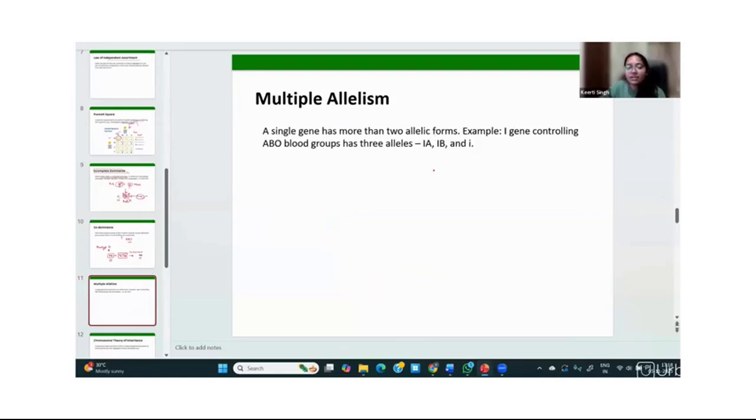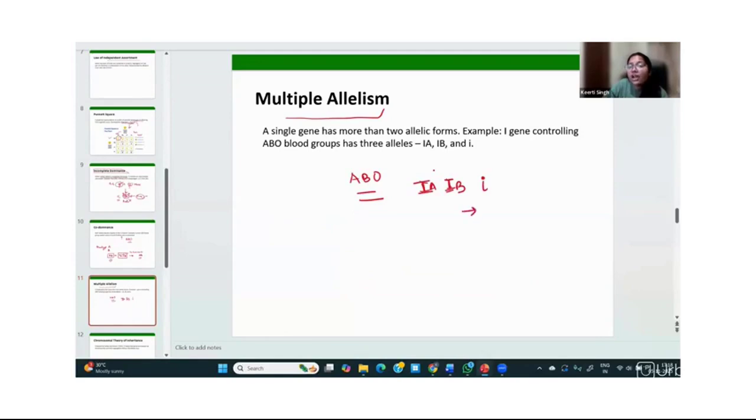So our next topic is multiple allelism. This can also be explained through the ABO blood group system, where we not only have IA alleles and IB alleles, meaning this I gene is controlling, we also have a small i.